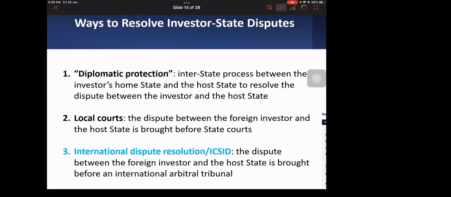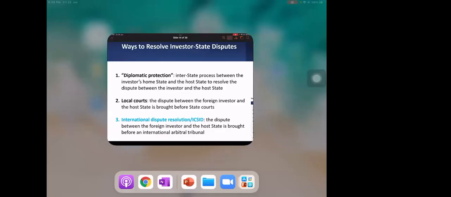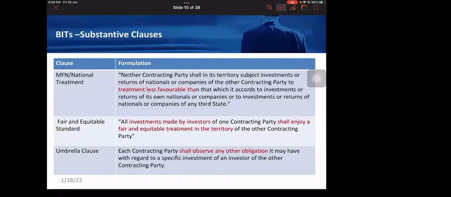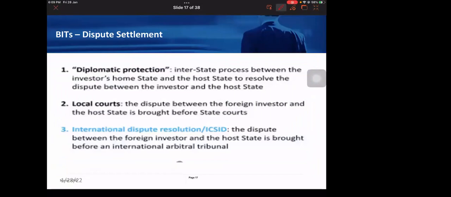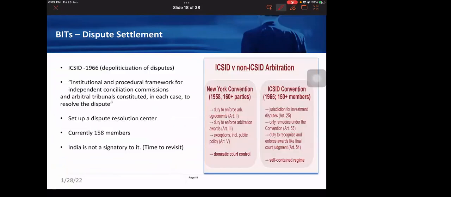So therefore, investors preferred having the investor settlement dispute system, or the ISDS, which is a very hallmark factor pertaining to the international investment law framework.